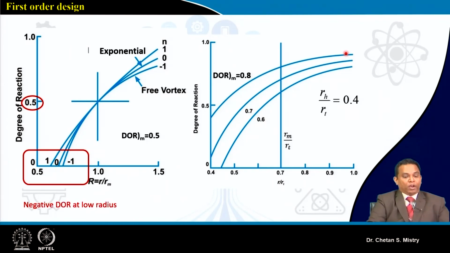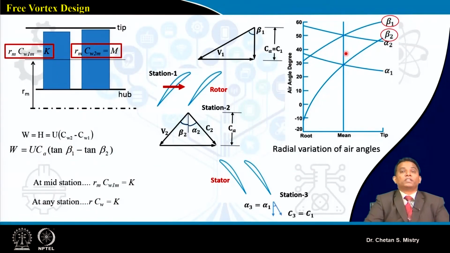Okay. Now here, we have discussed our free vortex concept. Let's come here again. So if we consider the entry station, I am writing my Cw into R equal to constant, which I am saying as K. And at the exit of my rotor, this is given by Cw into R equal to constant.